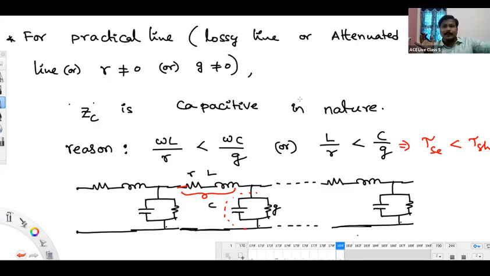Continuously, the magnetic energy will be converted into electric energy, then electric energy converted into magnetic energy, and again magnetic energy converted into electric energy. In that way, the energy is going to be propagated towards the receiving end side of the transmission line.